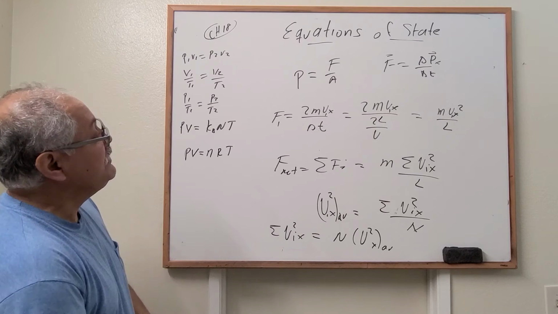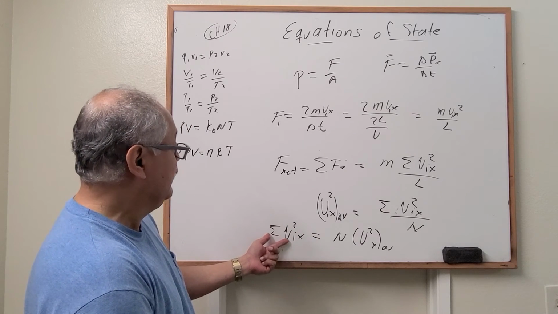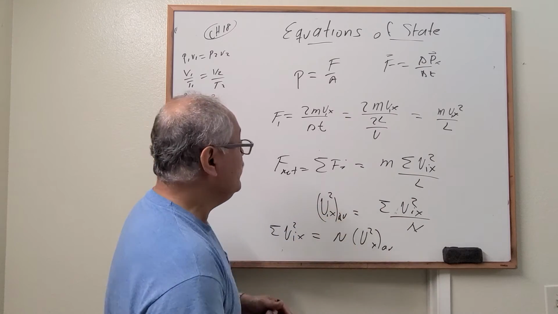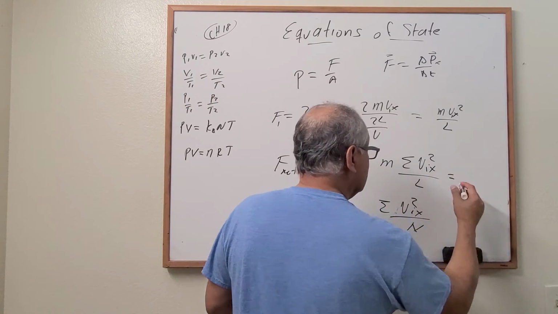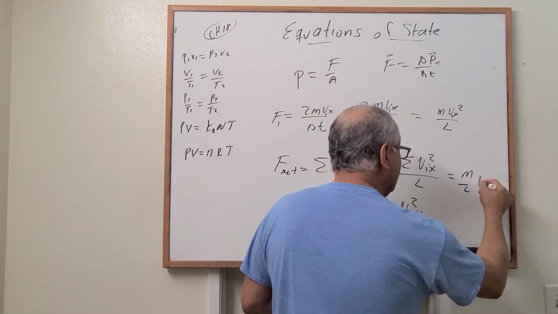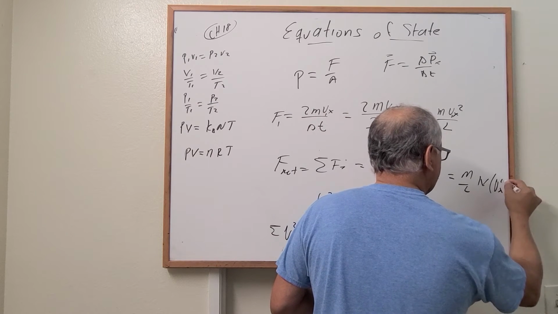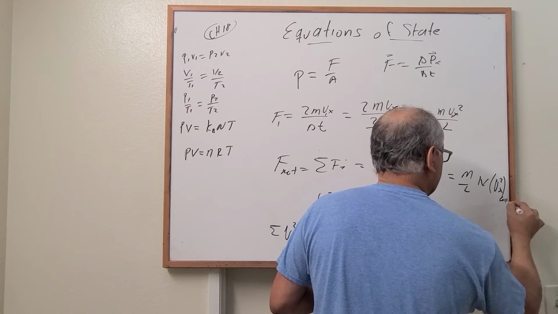Great. Now we substitute this value right here. And then what do we have? Well, you can see this equals m over L times n times this average square, the average velocity squared.